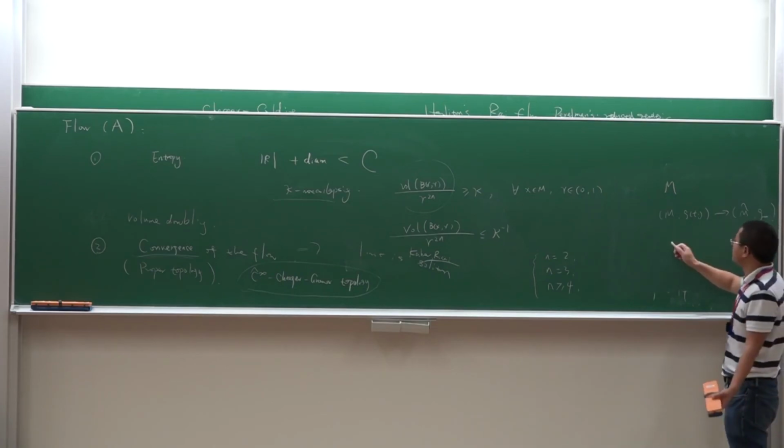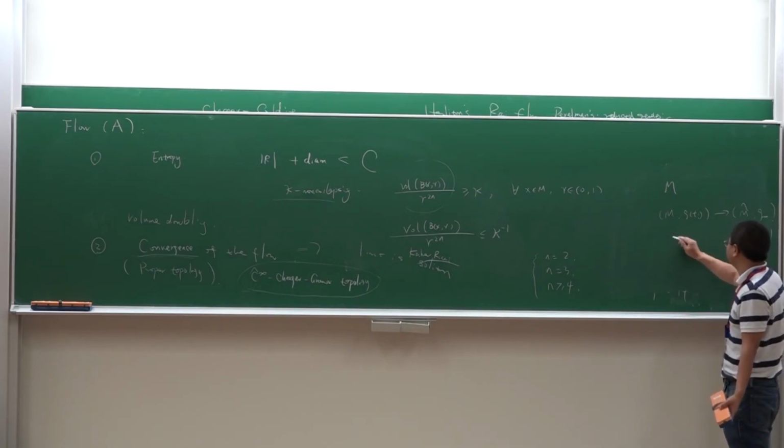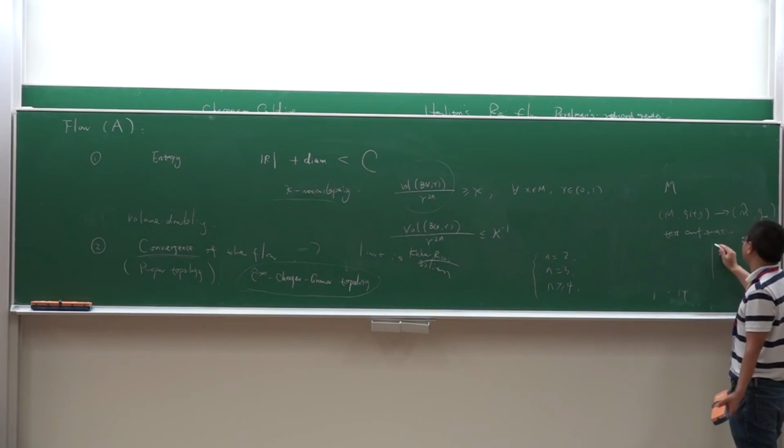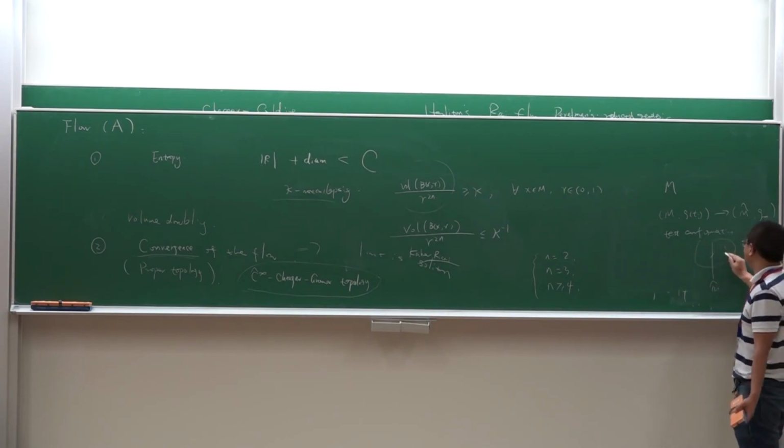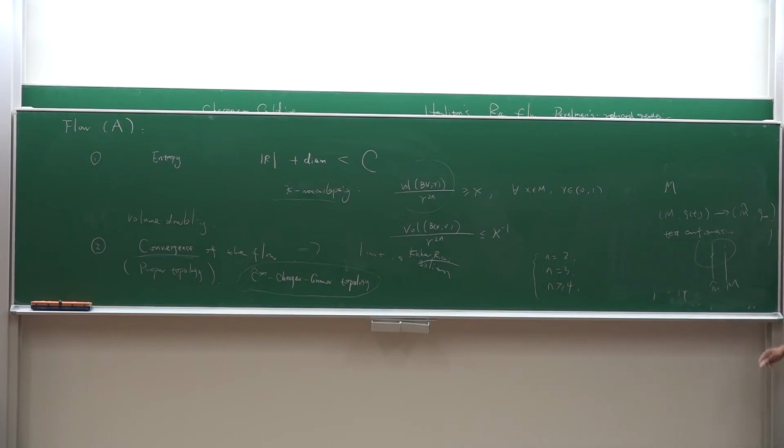Now you obtain some test configuration. So you have a central fiber. We say this central fiber is M hat, and the general fiber is M. But this is not the case. This is a very natural approach, but we were stuck here for a long time, at least two years.